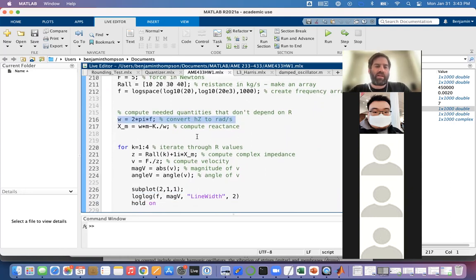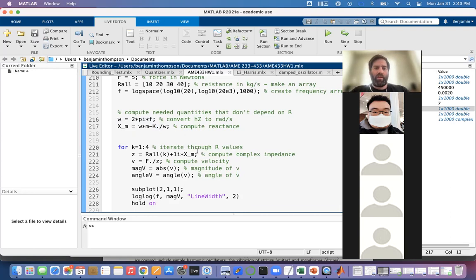I'm computing my reactance just like last time. This dot right here is important. This dot tells MATLAB I don't want to do matrix multiplication here, I want to do element-wise multiplication, like element 1 times element 1 in my two arrays. I don't want matrix multiplication, or division in this case. This is going to be important. Lots of times when you fail to include this, it'll give you a warning saying the array is way too big and it's not going to work.